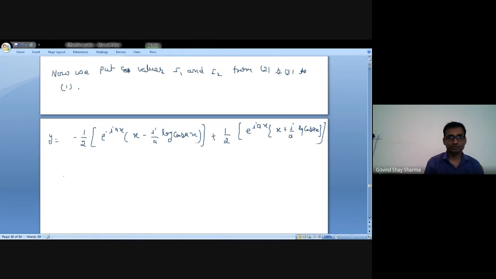This becomes y square minus half e to the power iota a, x plus iota upon 2a cos a plus x e to the power iota a upon 2 plus.